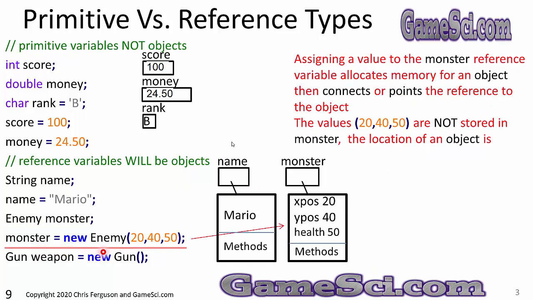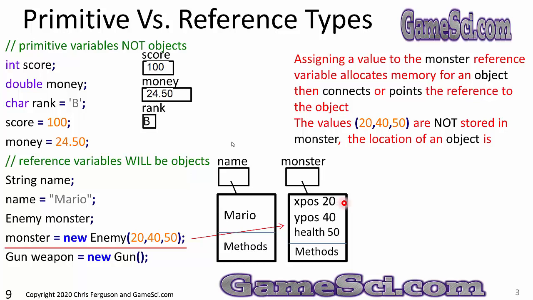monster = new Enemy(20, 40, 50). What are we doing here? We're assigning a value to the monster's reference variable. This allocates memory for the object. There's our new command. New says give me a new object in computer memory. See these values 20, 40, 50? They are parameters to the constructor for enemy.